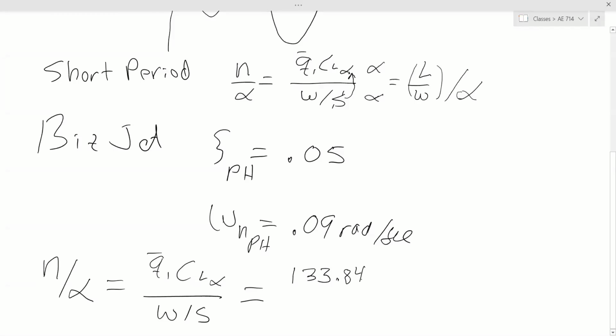We're at 133.84 for the dynamic pressure. The lift curve slope for the airplane is 5.84, 13,000 pounds, divided by 232 feet squared.